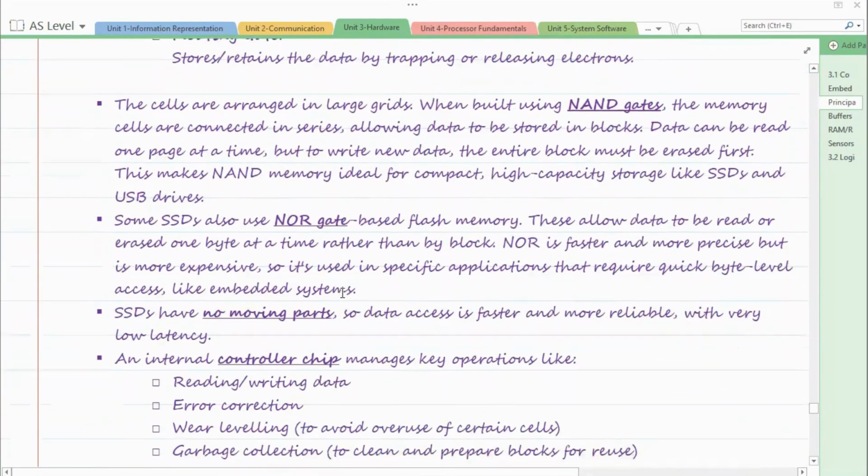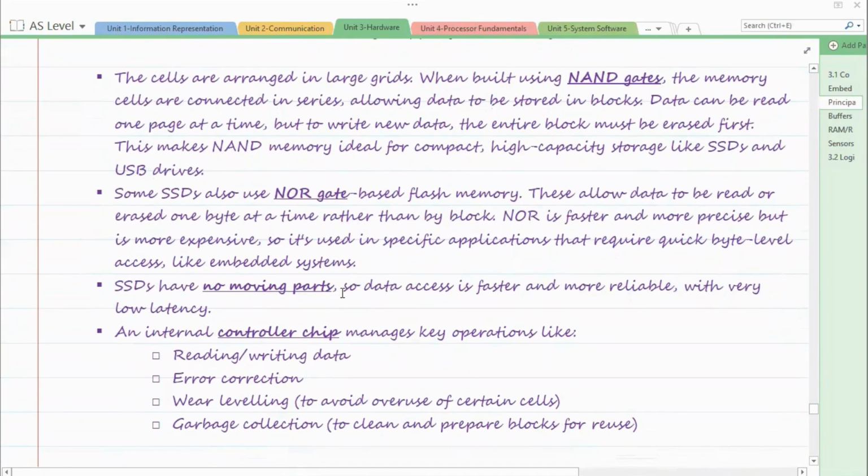Now, SSD can be created using either NAND gates or NOR gates. These memory cells are arranged in large grids. Many SSDs use NAND gates to connect the cells in series. This means data is stored in blocks, good for high capacity storage, like SSDs or USB drives.